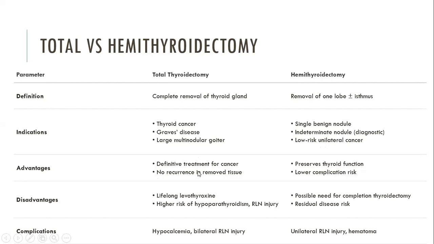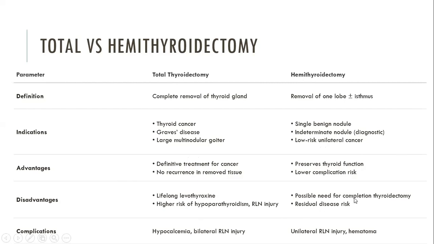Advantages of total thyroidectomy are that it is definitive treatment for cancer and there is no recurrence in removed tissue. Hemithyroidectomy preserves thyroid function and has lower complication risk. Now, the disadvantage is that if you remove the thyroid tissue completely, the patient should be started on lifelong levothyroxine, and there's higher risk of hypoparathyroidism and recurrent laryngeal nerve injury.